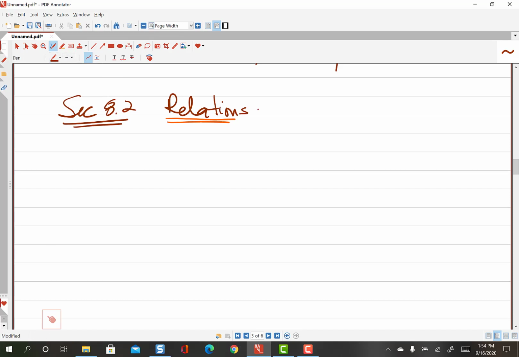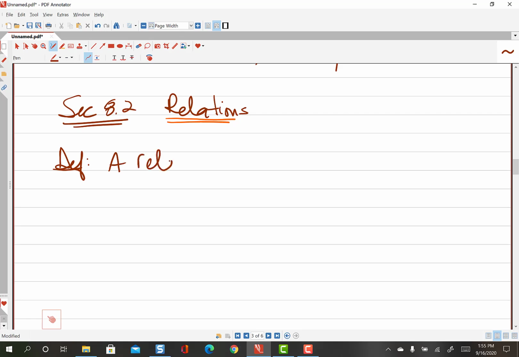So what do we mean by a relation? I'm going to give you a definition, and then I will very shortly look at what a function is, and their definitions are very, very similar. Here is my abbreviation for definition.